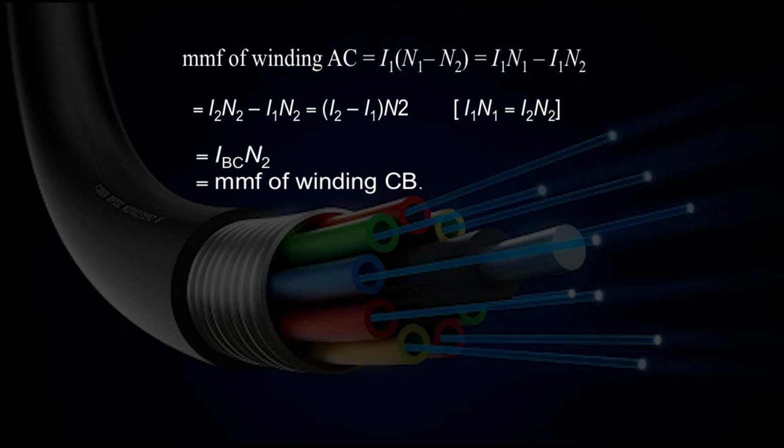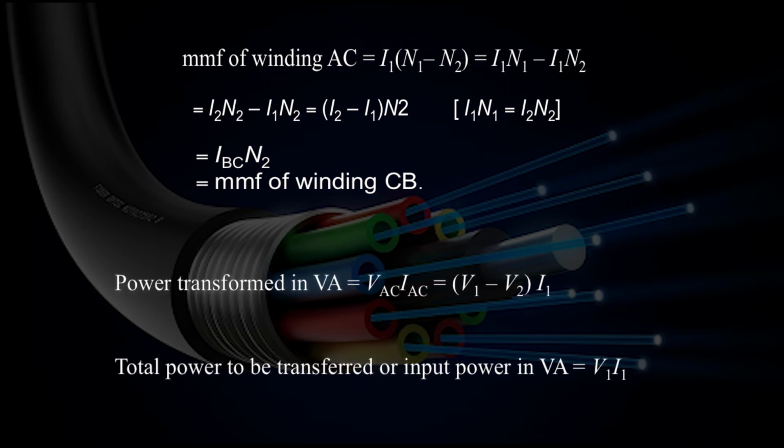It is therefore seen that transformer action takes place between the winding section AC and winding section BC. In other words, the volt ampere across winding AC are transferred by transformer action to the load connected across the winding BC. So, power transformed in VA can be written as VAC multiplied by IAC, and the value of this VAC is what?